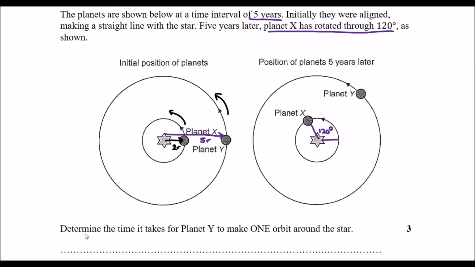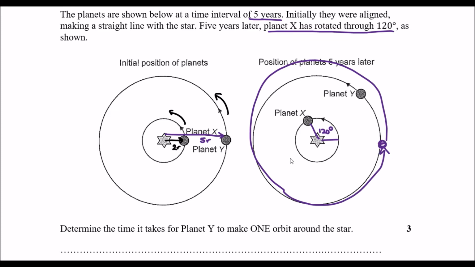The question says to determine the time it takes for planet Y to make one orbit, so one full rotation around the star. Say this was our starting point. We want it to go all the way around back to here.